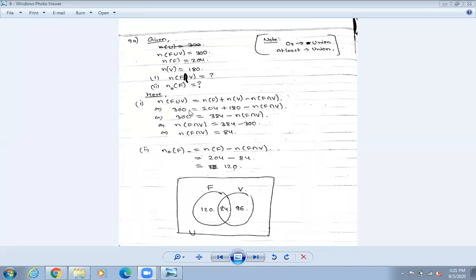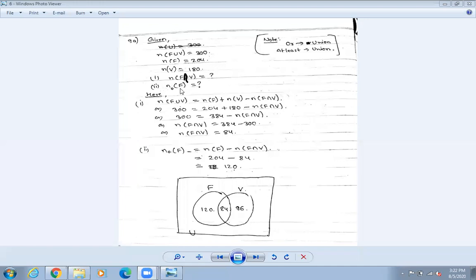F union V equals NF plus NV minus F intersection V. Only one difference between union and NU is there is no complement over here. Union has no complement, NU has a complement, so the complement is 0.